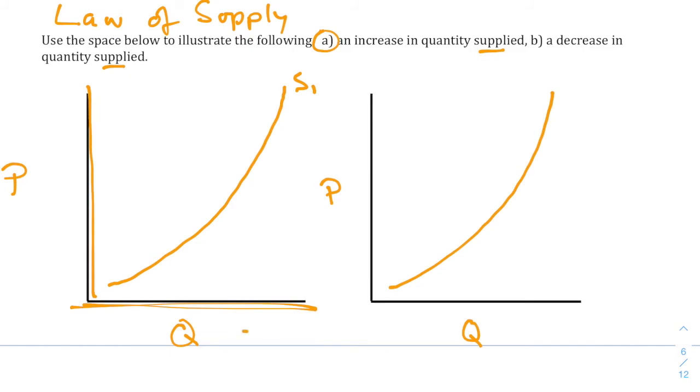Should you go to the right, or should you go to the left? Well, if it's an increase, you should go right. Increase is always right. So that means that your first quantity, Q1, should be to the left of Q2. That gives you an increase.